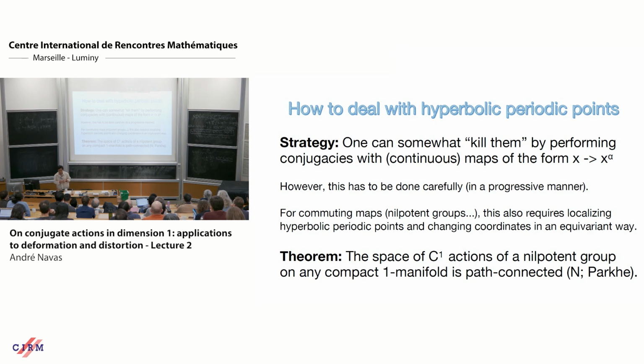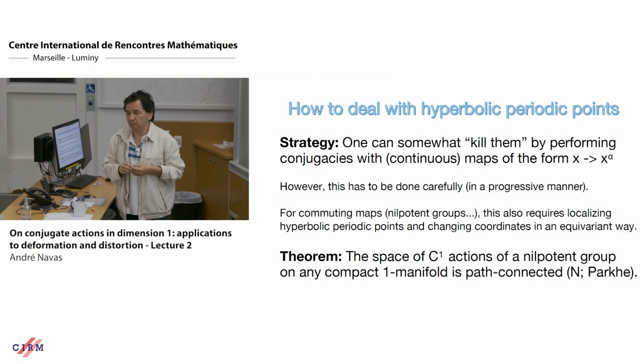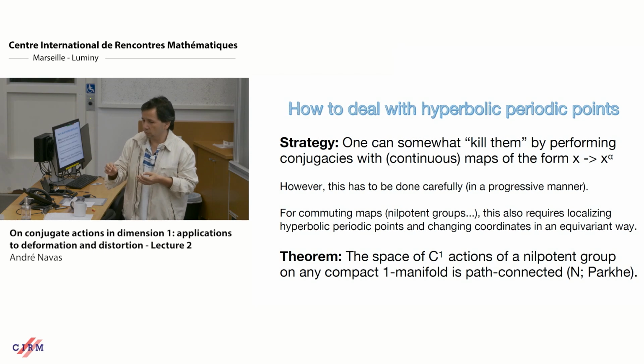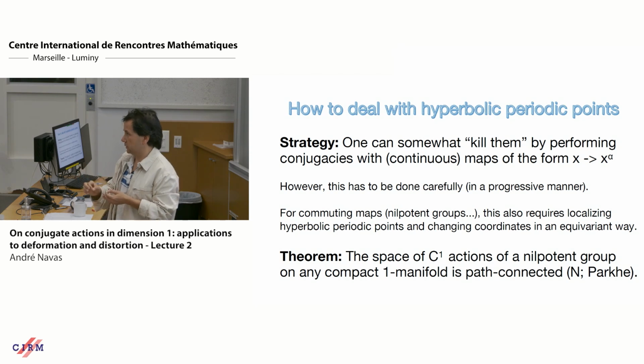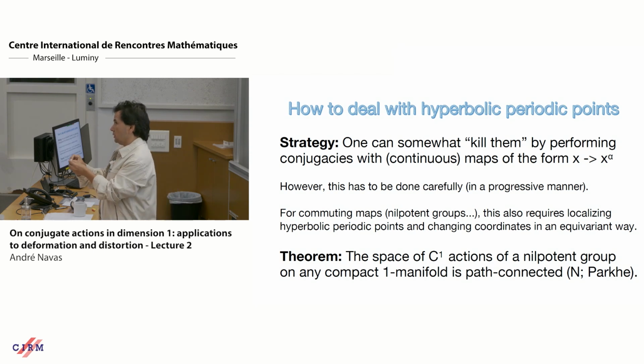Now, in order to make it work, it's a little bit hard because you have to do this in a parametric way, in a certain sense. You have to control where you are going to do this, because if you explode the neighborhood of a point, and if this point has some image, you also need to explode the image of this point.